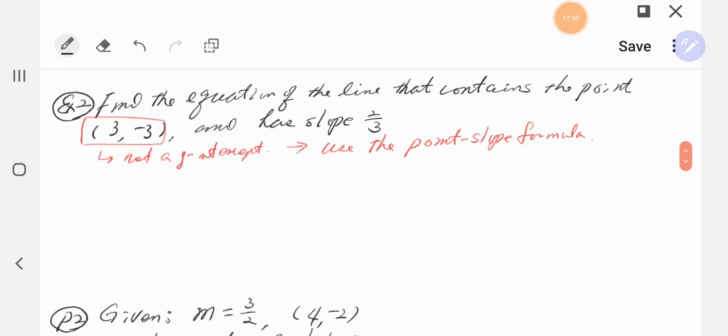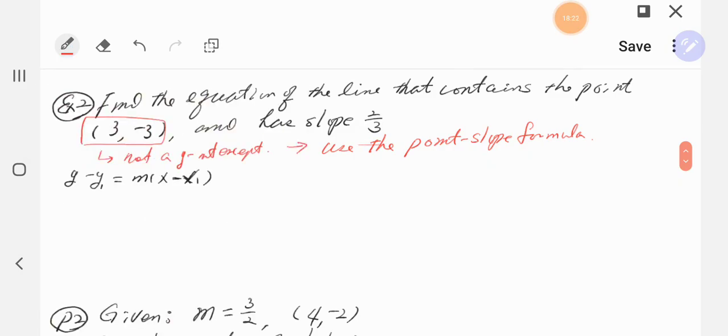So what's the point-slope formula? y - y1 = m(x - x1). Always, when we write an equation, we need two things. What are they? Slope and point. We have a slope and we have a point, so we can use either the point-slope formula or the slope-intercept formula.